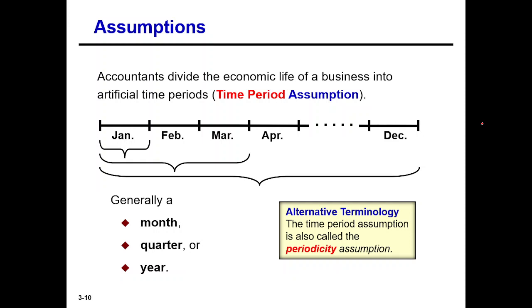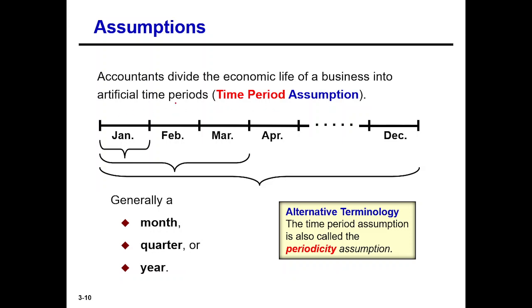We need time periods, and at the end of every period from these that we call artificial time periods, we will prepare the financial statement. We call this the time period assumption.